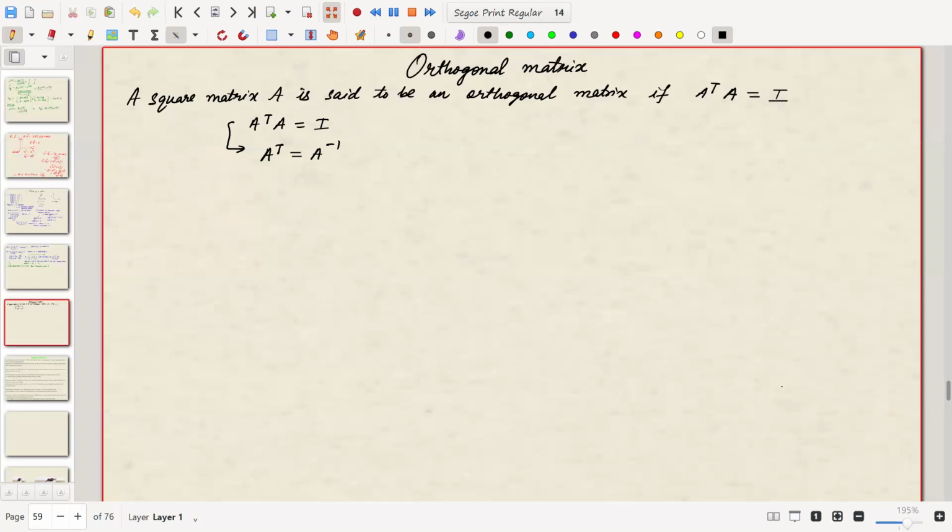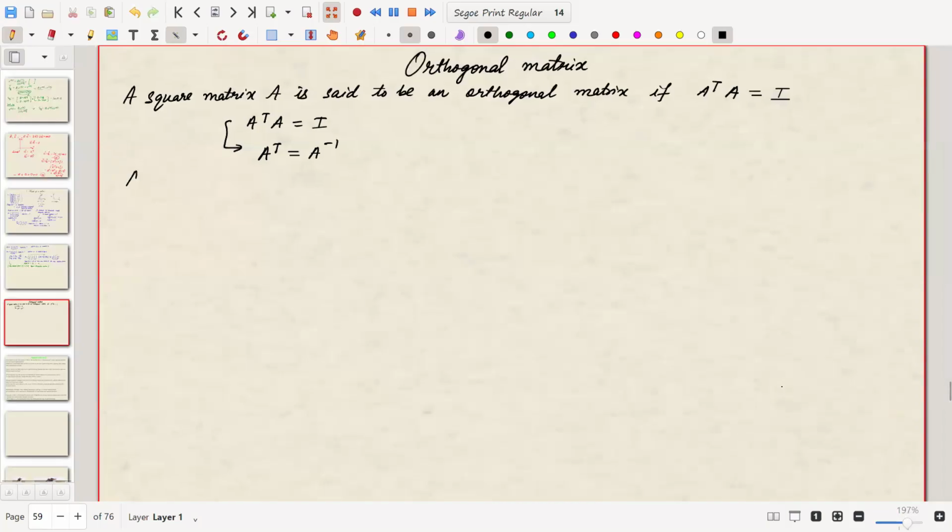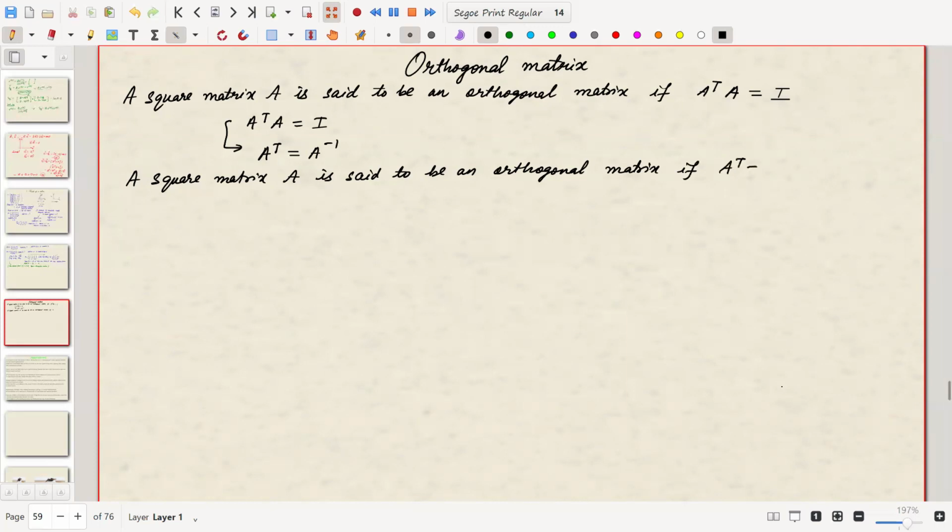So a square matrix A is also said to be orthogonal if the transpose of the matrix A is the same as the inverse of the matrix. This gives us another definition: a square matrix A is said to be an orthogonal matrix if its transpose is the same as its inverse.